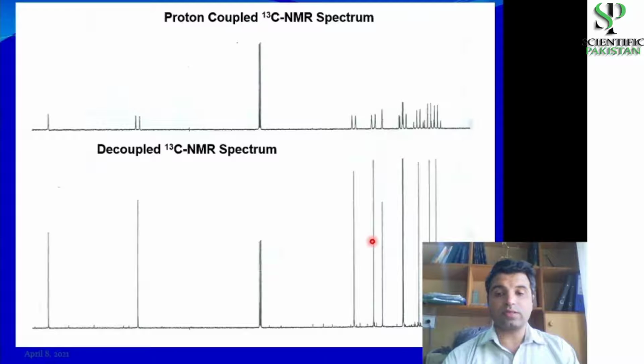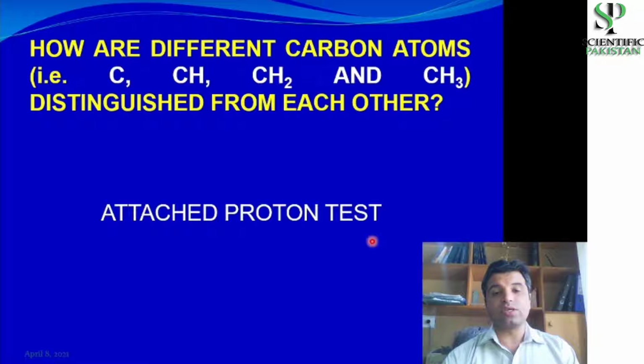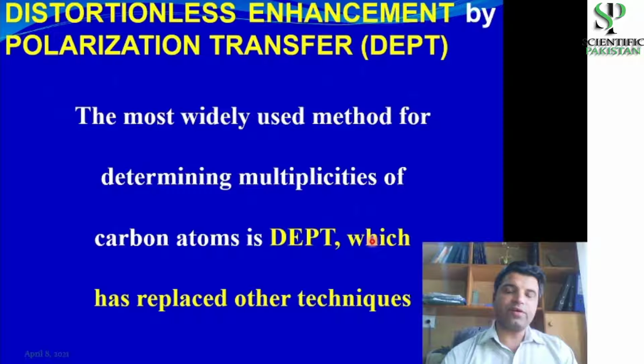So all are singlets. But how to differentiate between these carbon atoms, like the quaternary carbons, the CH, the CH2s, and the CH3s, we can do this by the attached proton test. So we perform a test in which we determine how many protons would be attached to a particular carbon atom. There are different techniques.